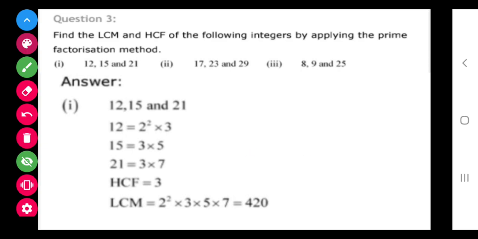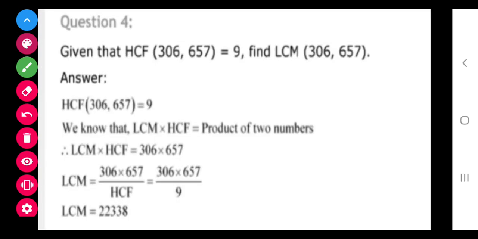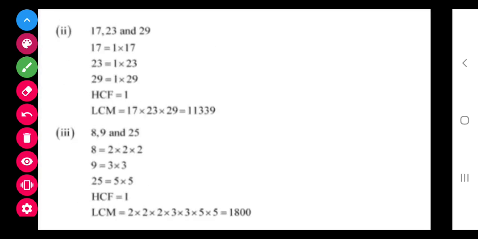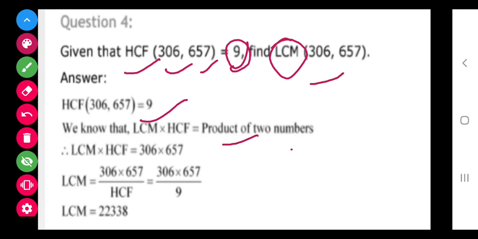Now next question. In the next question you have to verify, you have to find the LCM. HCF is given of these two numbers. HCF is given, LCM we have to find out, and the two numbers we know.